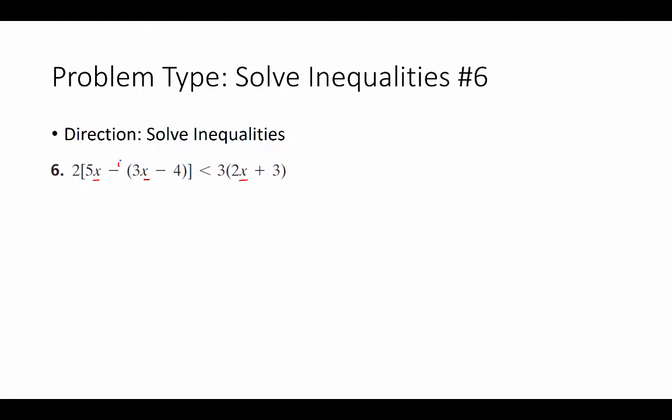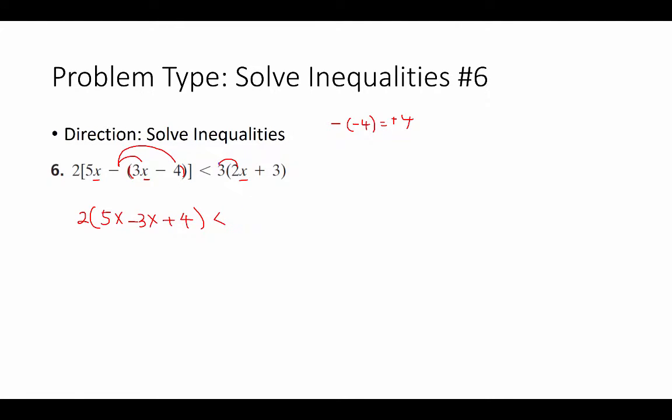So I'm going to first use the distributive property to remove these parentheses you see here. So copy this down. Negative times 3x, you get negative 3x. Now here's something you have to be careful with. Negative times negative 4 is positive 4. So make sure you write plus 4.